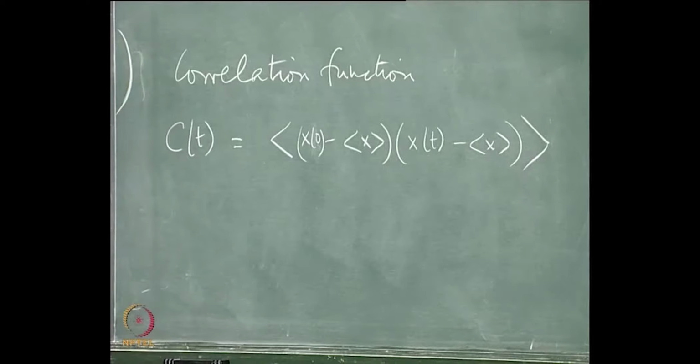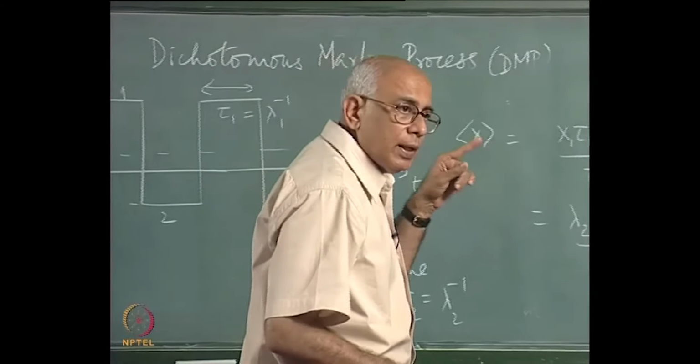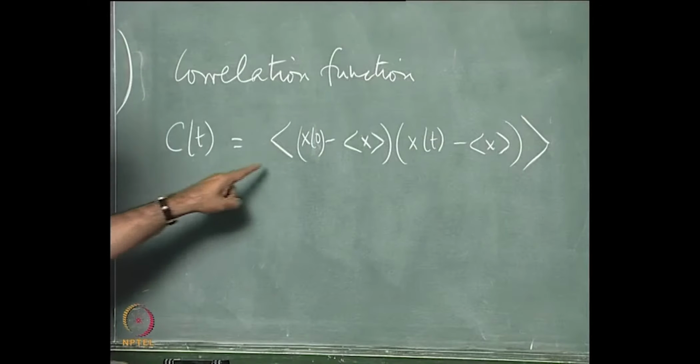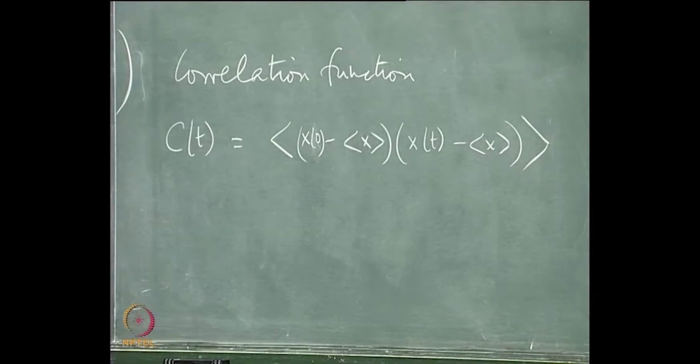And what do you think this is going to be in this process? You can compute this without too much difficulty, but let us see what the exact expression for this quantity is, the formal expression.